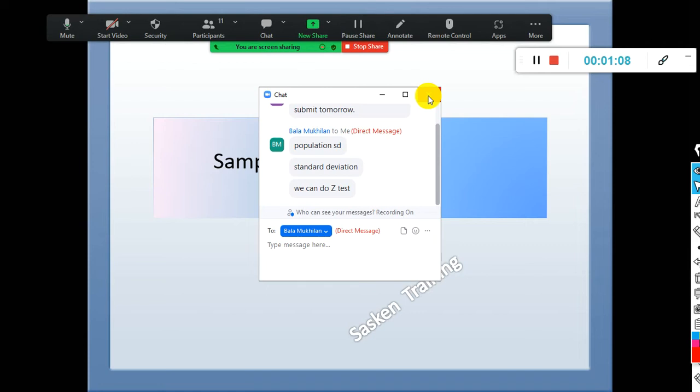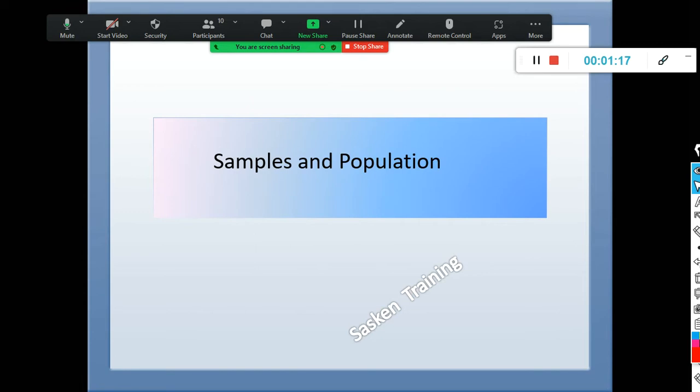Most of the time, we do not know the population standard deviation because even though we have access to the population data, we will not be able to get the standard deviation. But there are some occasions you will be able to get it. For example, your company started 2 years back and the volume of the data is not so high.